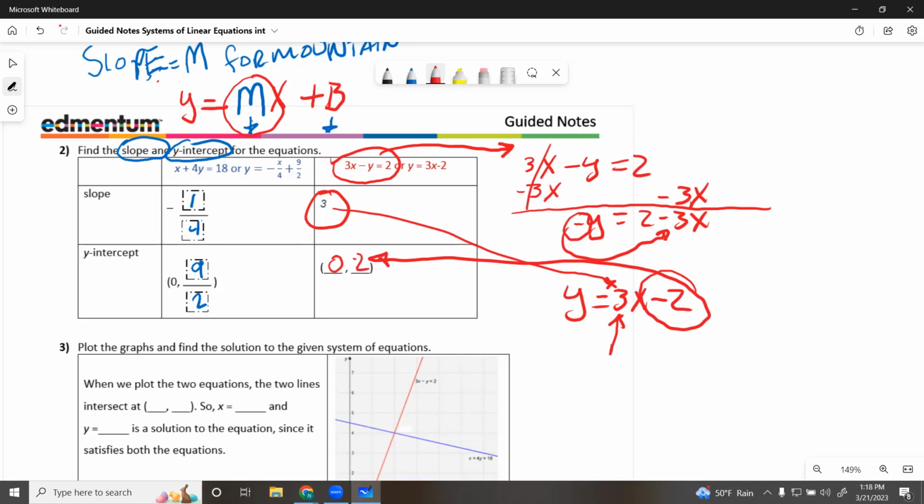So the slope is 3. That means for every 3 up, it goes 3 over. That's slope. And then the y-intercept means it crosses the y-axis at 0, negative 2.